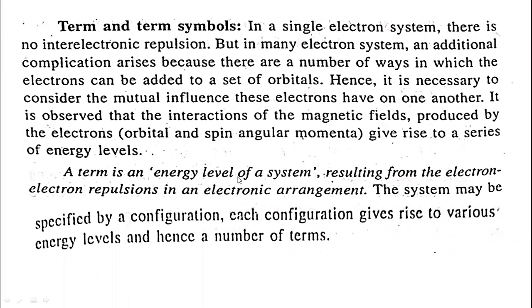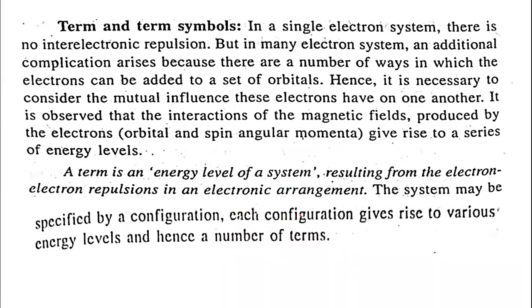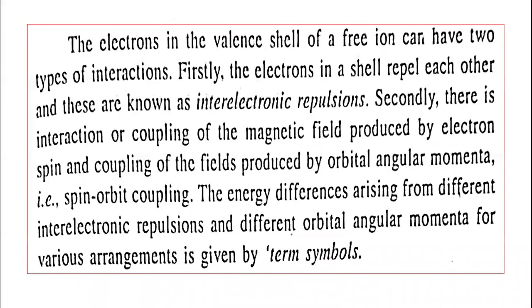So a term is an energy level of a system resulting from the electron-electron repulsions in an electronic arrangement. Let us find out the various energy levels and determine the corresponding term for that electronic system.